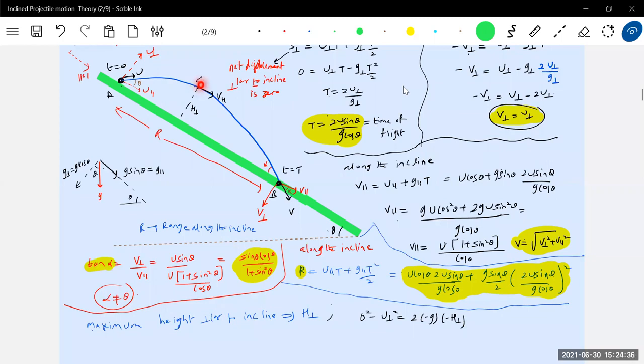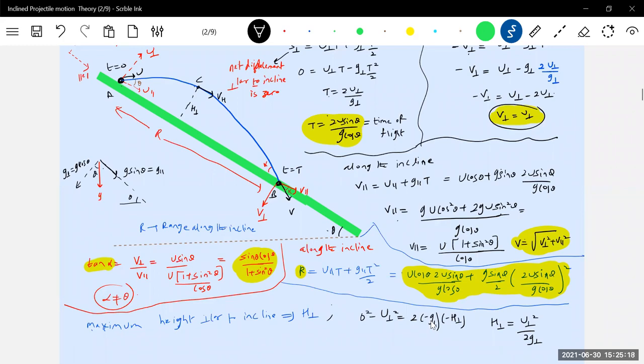Final velocity is 0, initial velocity U perpendicular. So therefore, what is H perpendicular? It's equal to U perpendicular squared by 2 g perpendicular. So we know all these values, substitute that, and we'll get the maximum height perpendicular to incline, not with respect to ground.